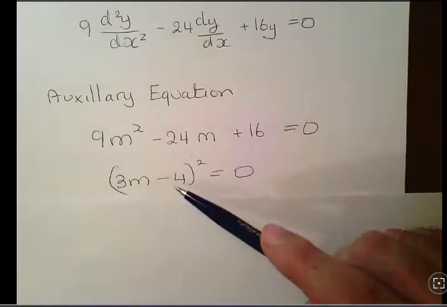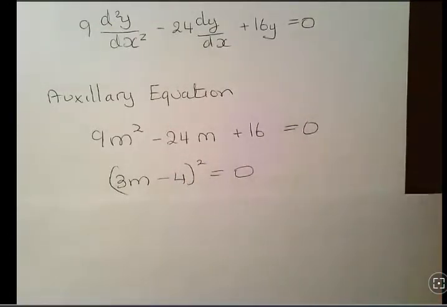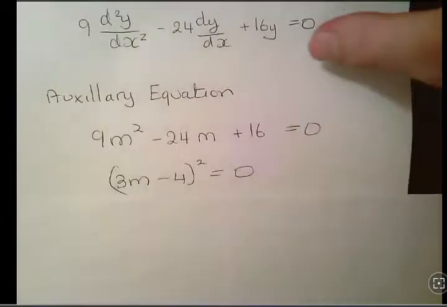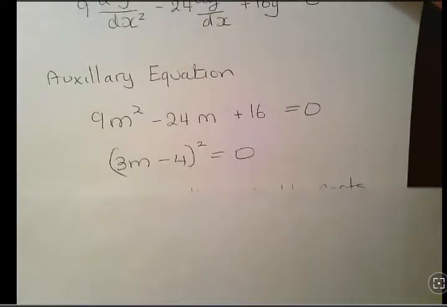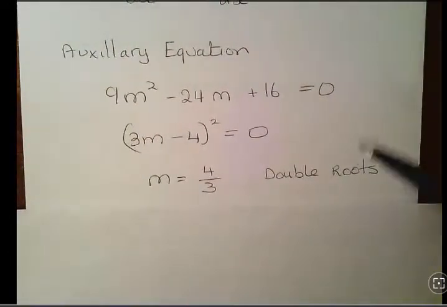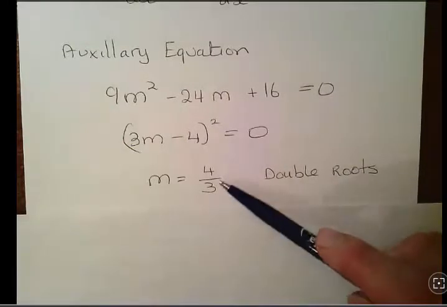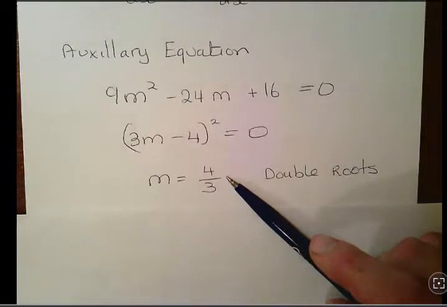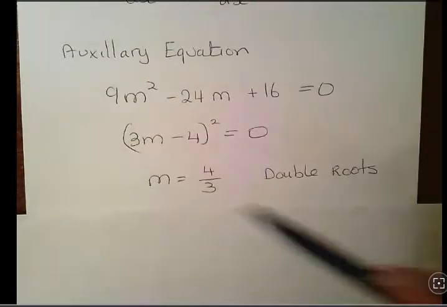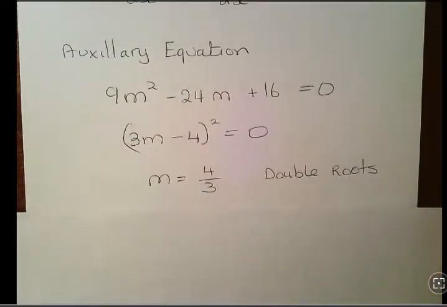So we get (3m minus 4) squared, and therefore m is equal to 4 over 3, as in we have repeated roots or double roots. So we don't have two distinct values; we got one single value that gets repeated. That's a special case. There are three special cases that you will encounter here, and this is one of them.